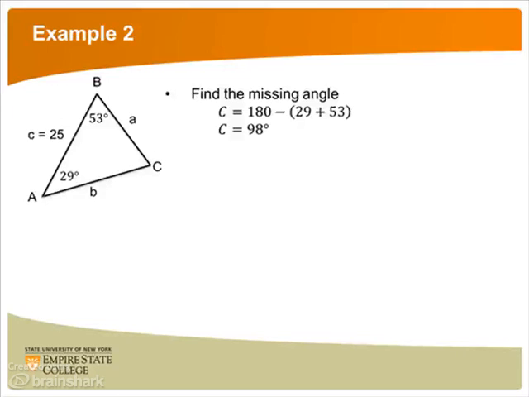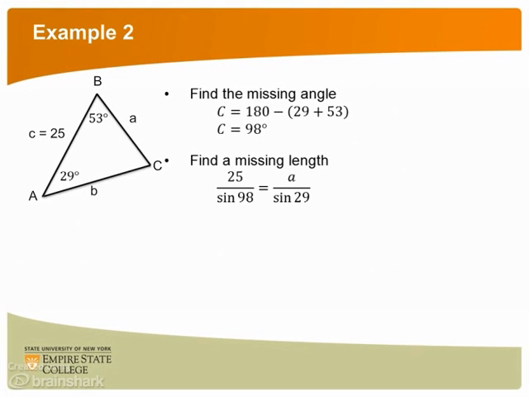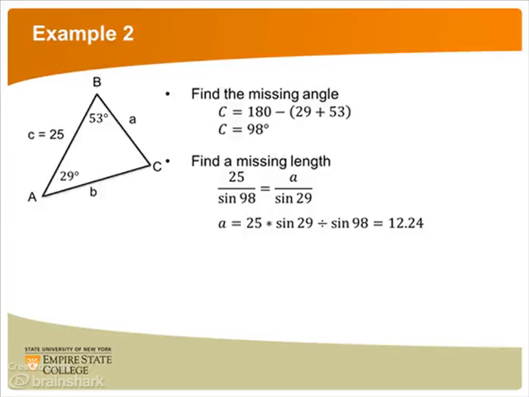This leaves 98 degrees for the measure of angle C. Now we can use the law of sines to find a missing length. Our complete ratio is length little c and angle C, so we have 25 over the sine of 98 degrees. We set this equal to little a over the sine of 29. Cross multiply and divide. We find that length a is 12.24.